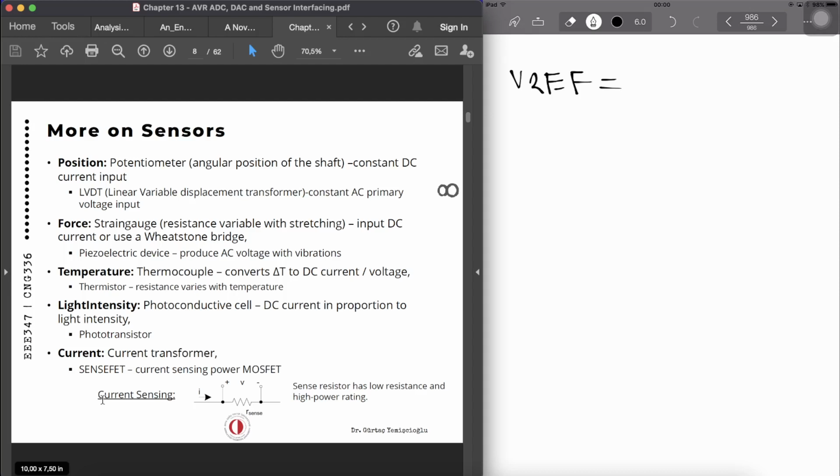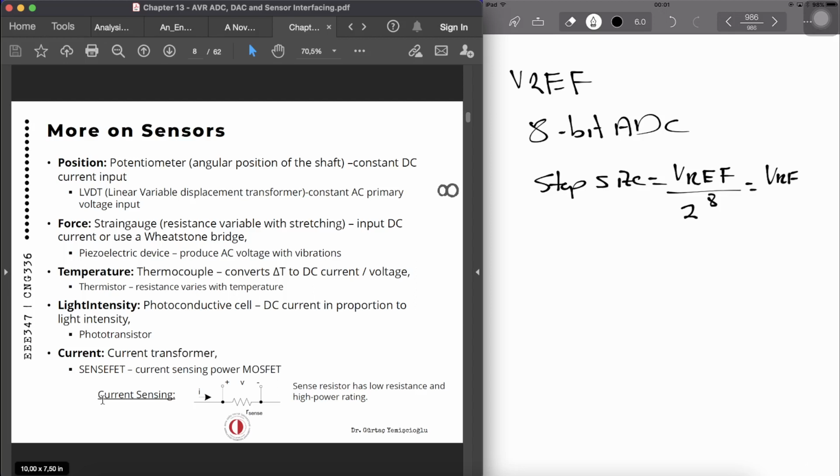So, for example, when we talk about an 8-bit ADC, the step size, which I'm going to talk about in a minute, is VREF over 2 to the power 8, which gives us VREF over 256.